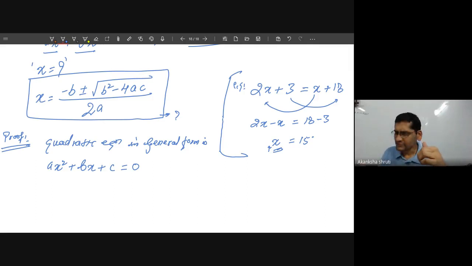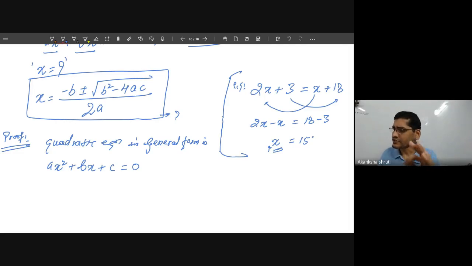Can we add this x square with x? No, not at all, because their degrees are different. But if we apply a slight manipulation of mathematics, we can combine these x square and x together in one term. How? Student, you can recall the formula of a plus b whole square.